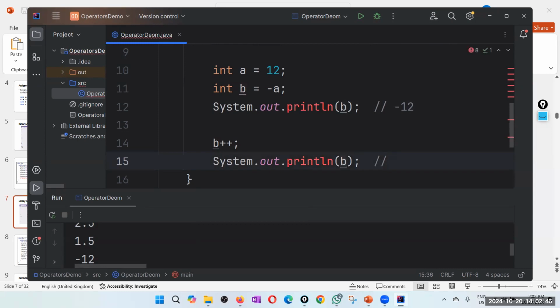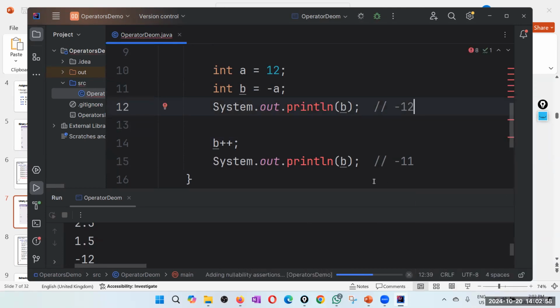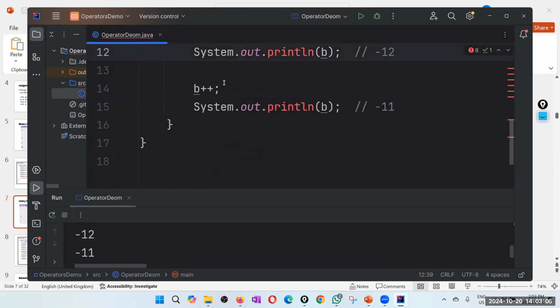If it is a positive number, say 10, it will become 11. And minus 12 becomes minus 11, because minus 12 plus 1 is minus 11. If you have any questions, you need to tell. So that is the increment operator.